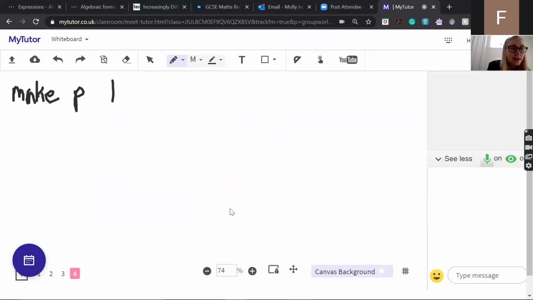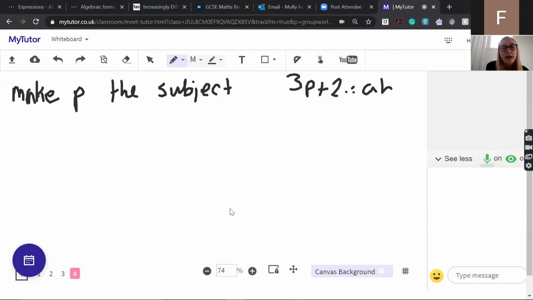Make P the subject, so that just means write it in the form P equals something, of 3P plus 2 equals AB. Obviously this is currently in the form where nothing's really the subject, but we want to make this P equals. Now this is an okay one because we can kind of see what to do, hopefully.